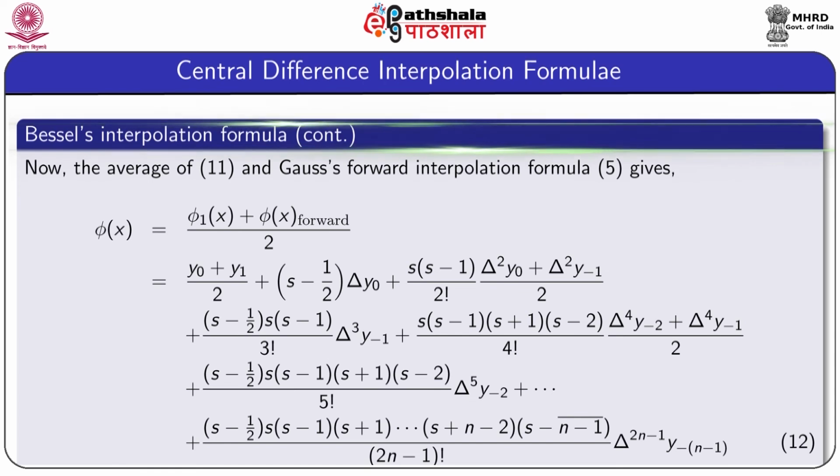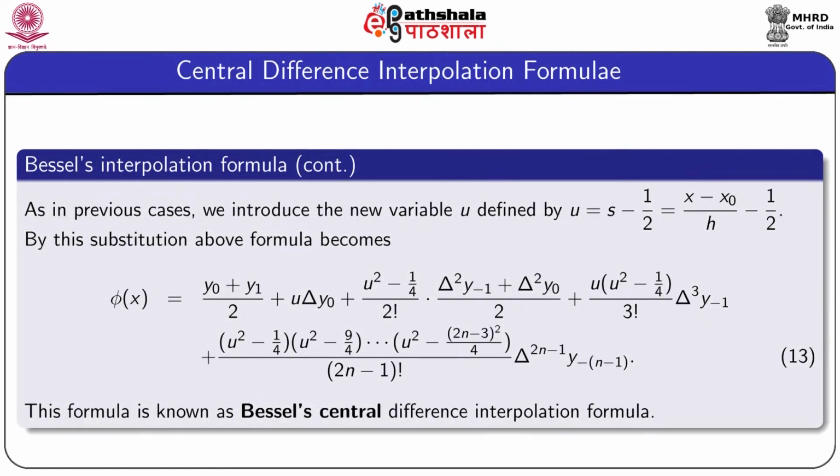So, we can simplify this expression by using a special variable, and we have used a new variable u to represent the factor s minus half. That means u equals s minus half, equal to x minus x0 by h minus half.